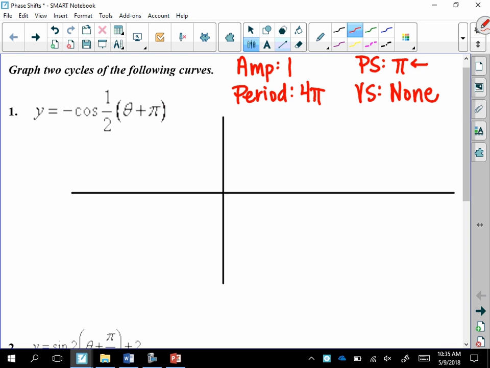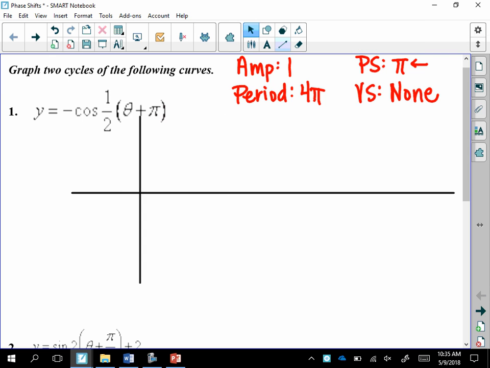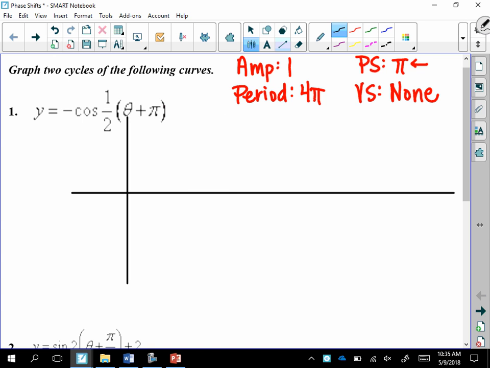A max or a minimum? Good, it would be at a maximum, except it's been reflected over the x-axis, so it's going to be at a minimum. So, piecing all of this together, let's ignore the phase shift to start with. It would cross the y-axis at its minimum, which is -1.